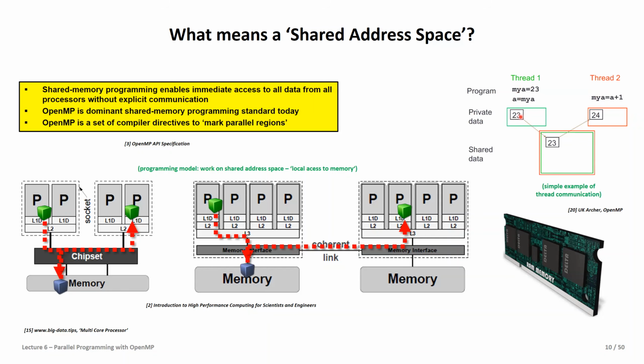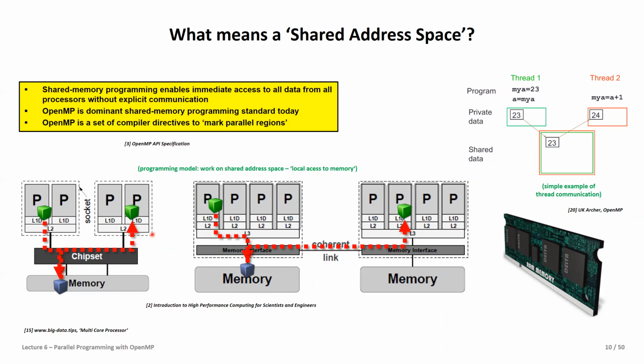But you see that thread 1 puts this value into the shared address space of data, and then the other thread can just read from it and do a +1 on it, as one example. This is the idea of using the shared address space for many different data sets inside the node, and you have the real good idea of using all the different layers of caches, for instance. On the other hand, you can imagine it is limited because in the end, we cannot go out of this boundary box here.